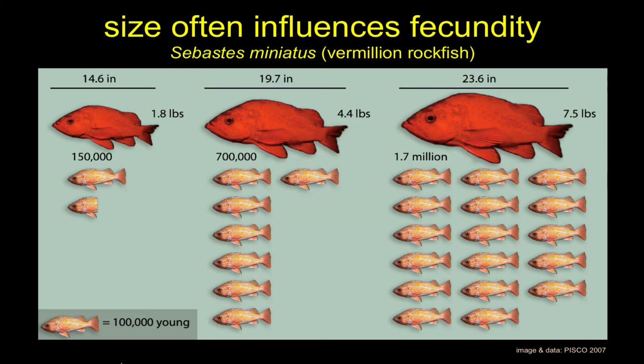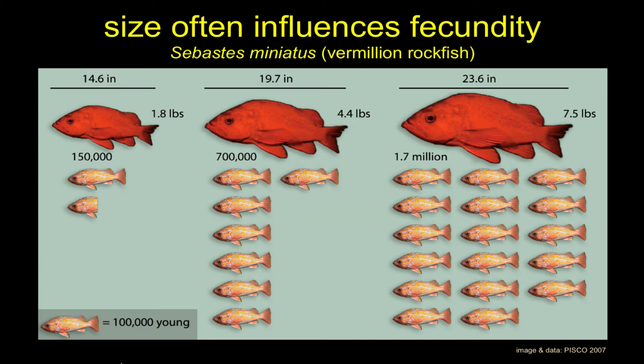This is a classic illustration that everybody has used since it came out in this report. We have this rockfish, and the adult is represented by the red adult fish at the top. The juvenile fish underneath represent how many eggs, which would then turn into juveniles, this individual is capable of producing.